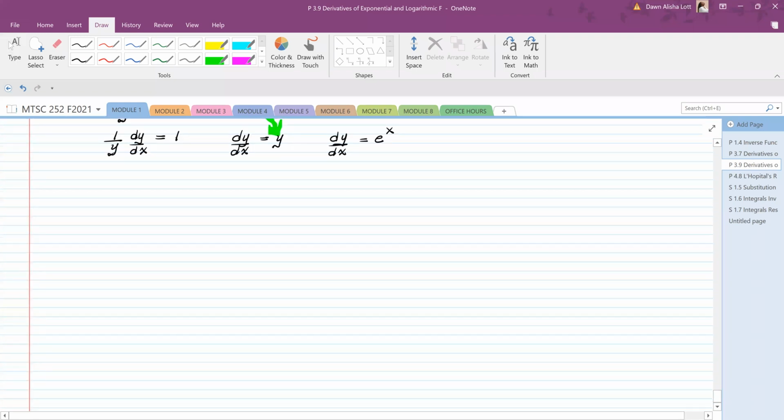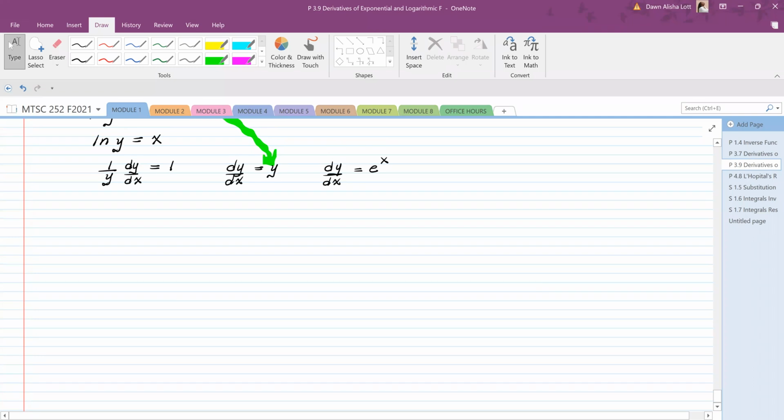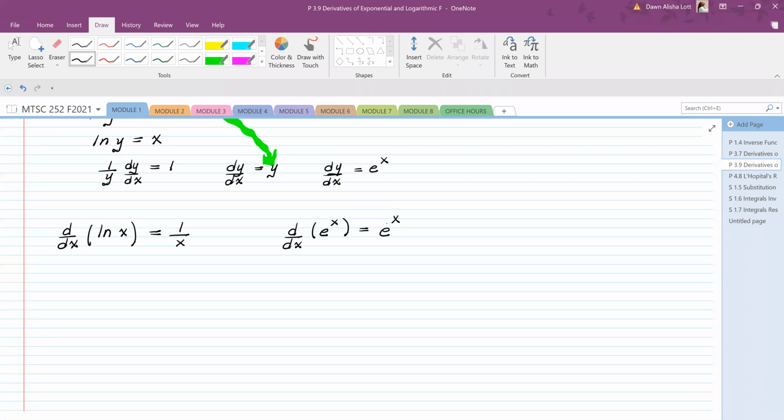All right, so now we know a couple of things. We learned that the derivative with respect to x of the natural log of x was 1 over x. And now we know that the derivative with respect to x of the function e to the x is e to the x. Okay, so those are the two major things that we've learned so far in this section.